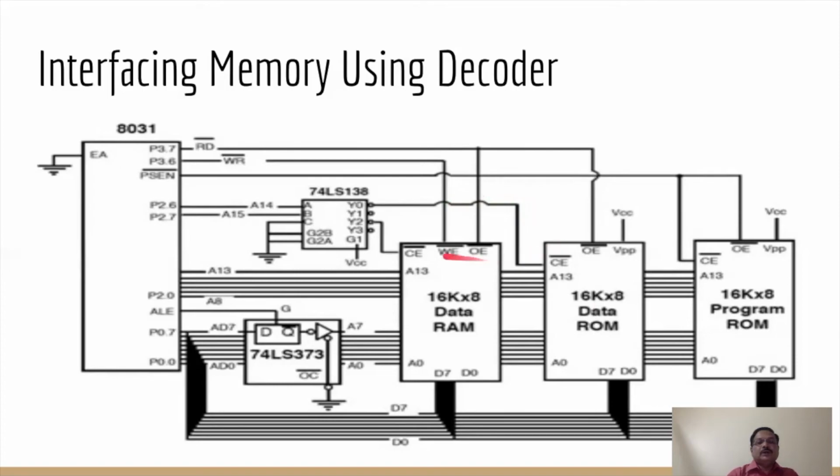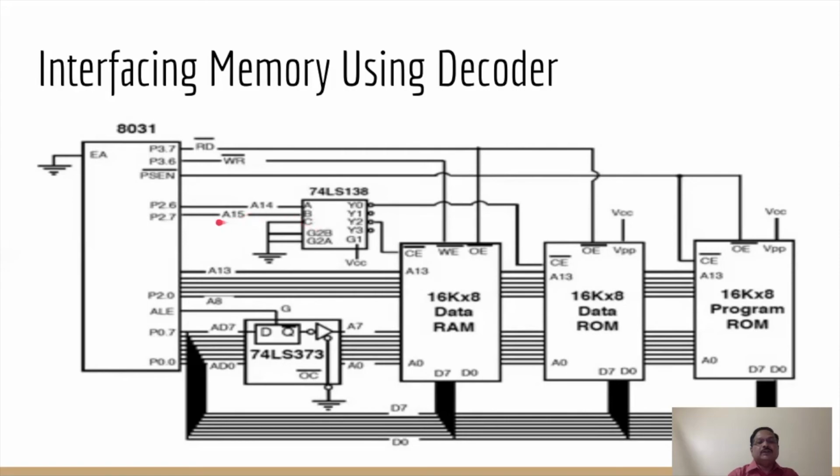Now here the second chip select signal is generated using Y2. For Y2, what should be the input for ABC? That should be, say, 2, which means 0, 0, 0, then 0, 0, 1 and 0, 1, 0.